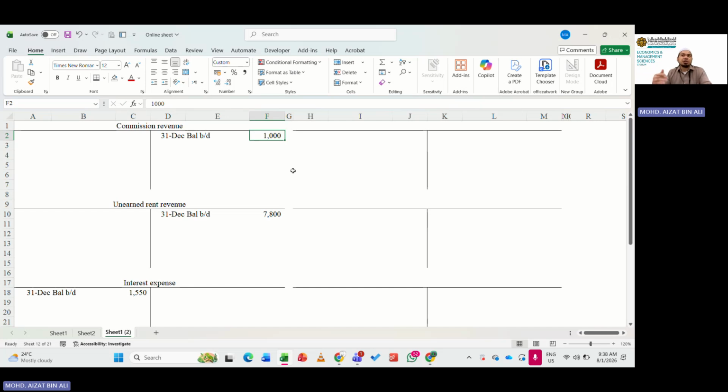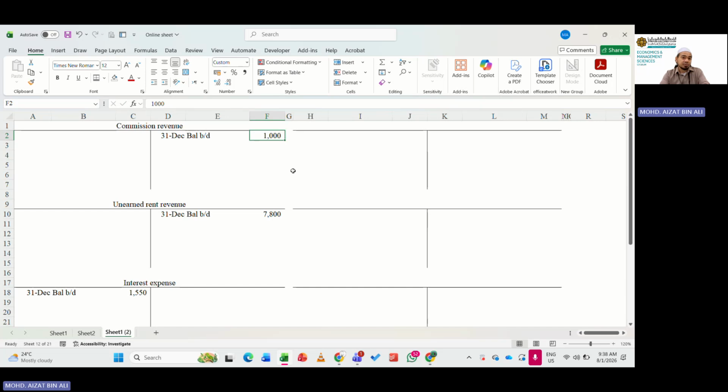What does it mean? The amount that we are supposed to receive and record is 1,100 ringgit, but we have only received 1,000 ringgit so far. So now we are short by 100 ringgit.